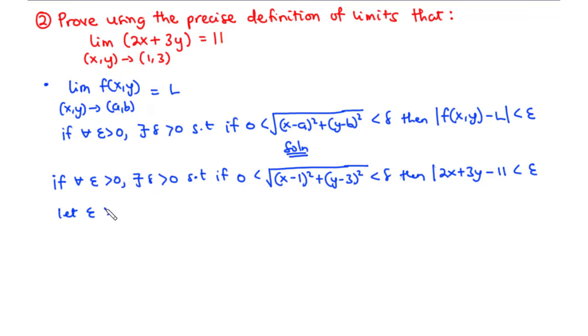So let epsilon be greater than 0. We are going to consider this part of the inequality, and then we say that given that the square root of (x minus 1) squared plus (y minus 3) squared is less than delta, let's call this equation 1.